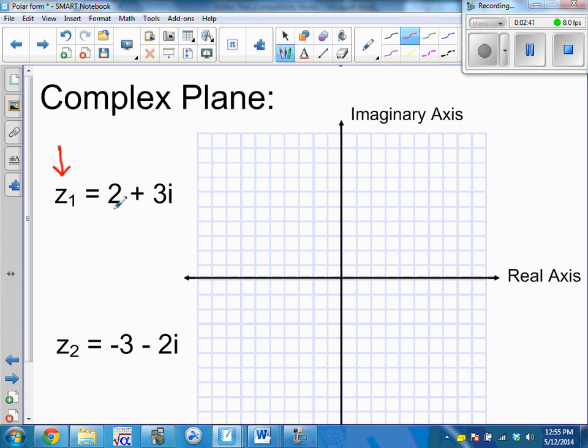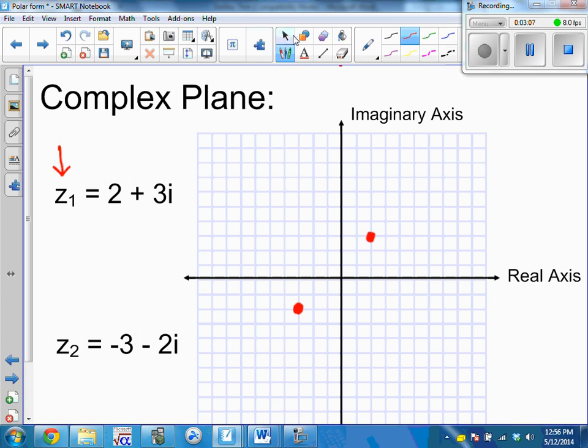So if I have the point 2 + 3i, on my graph, that would be the point over 2, up 3. And if I have -3 - 2i, that would be this point.